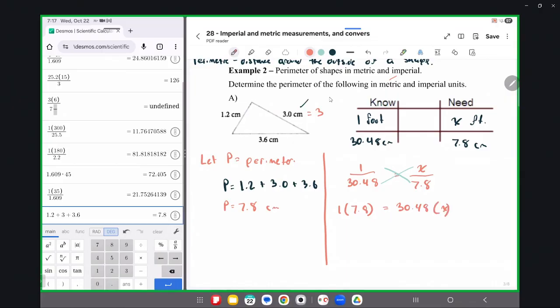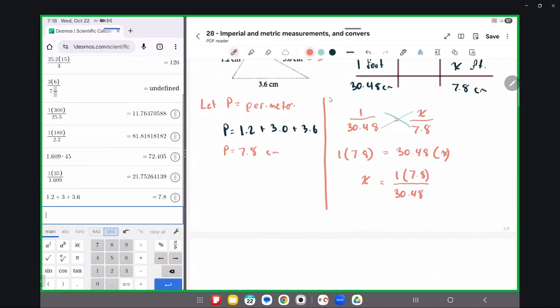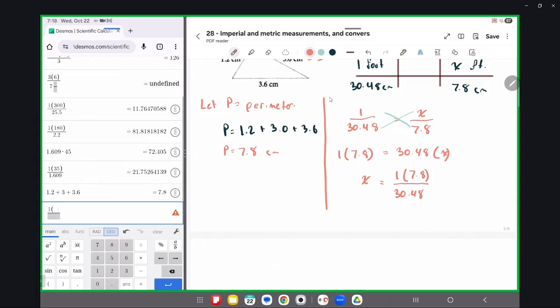And so isolating for our x term, by dividing both sides by 30.48, x will be equal to 1 multiplied by 7.8 divided by 30.48. So on our calculator, we can type this in. 1 multiplied by 7.8, and we're dividing this by 30.48. And we get x is equal to 0.26 feet.